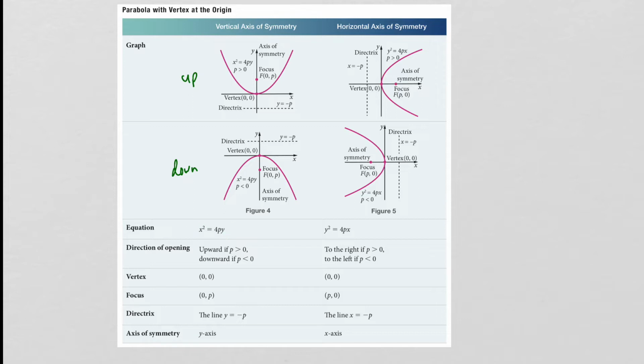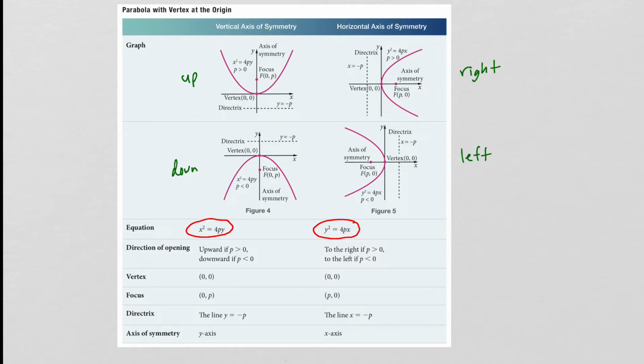So if you understand that here the equation is x squared equals 4py, then you should understand that here the equation is y squared equals 4px. And then there are two scenarios here. We have the scenario where the parabola opens to the right and the scenario where the parabola opens to the left. What determines that is the value of p. If p is positive, it opens to the right, and if p is negative, it opens to the left. Okay, and all that is summarized here.